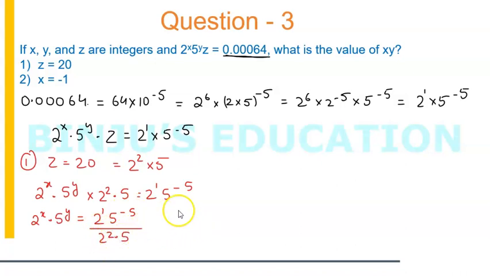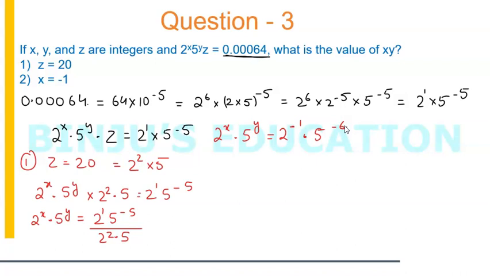So I can write 2 to the power x into 5 to the power y as 2 to the power negative 1 into 5 to the power negative 6. Now in the question it's given to us that x and y are integers.